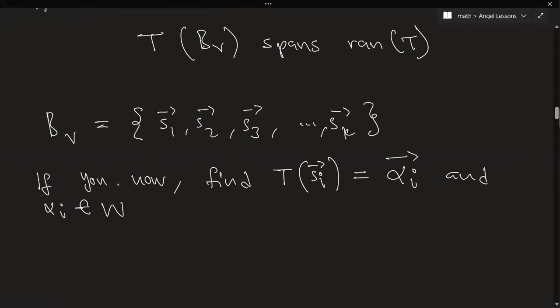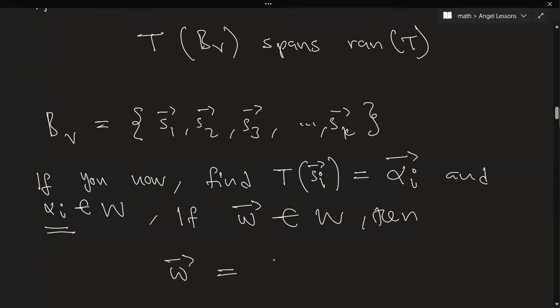But one good thing about all these elements alpha I is that if W is an element of W, then W can be written as a sum of some constant K1 times alpha I, like that.